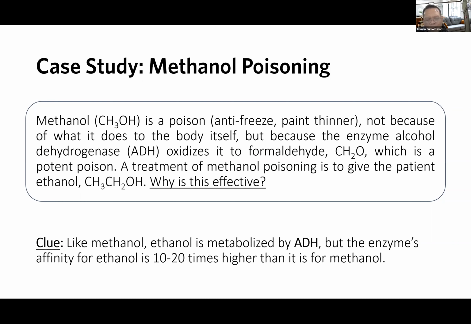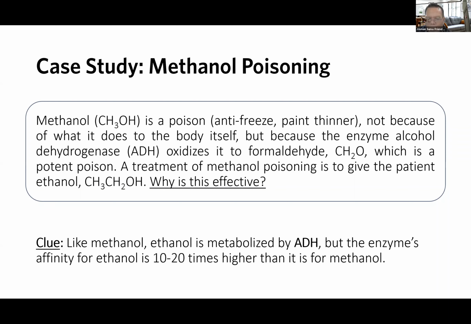Why is this effective? Methanol is poison not because methanol itself is unsafe, but because of the product of its conversion into formaldehyde. So to neutralize this poisoning, we should give the patient ethanol.